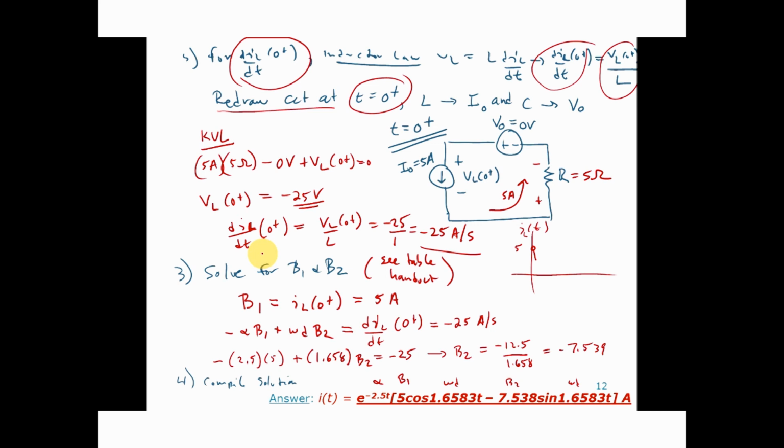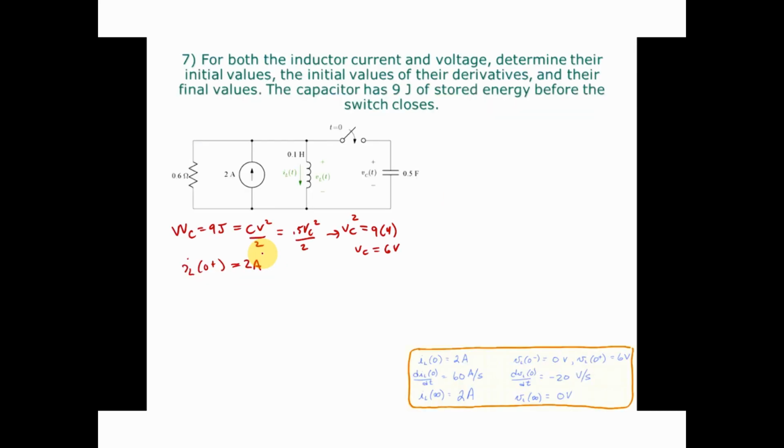If you look at the table, this is a step response. I'm going a little bit ahead, a little out of order here, but it applies. dIL dt of 0 plus equals VL of 0 plus over L. And what is the voltage across the inductor after the switch closes?